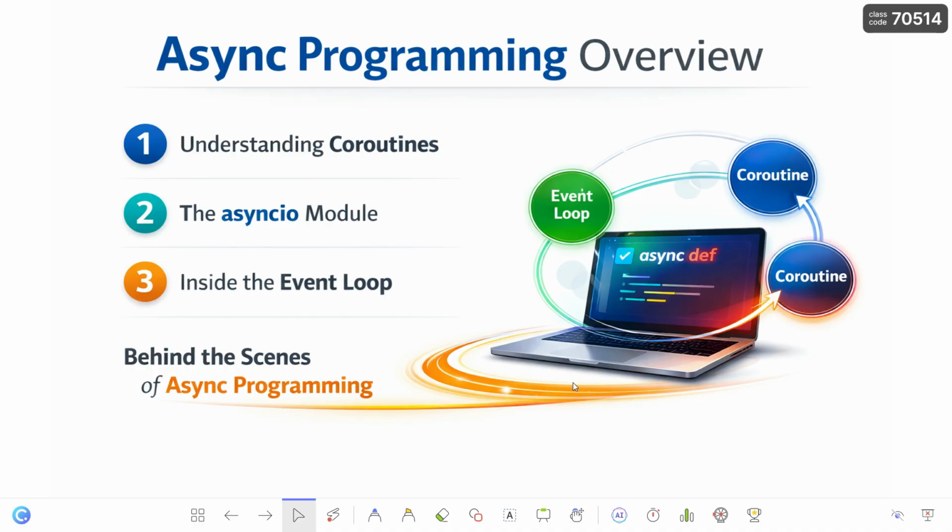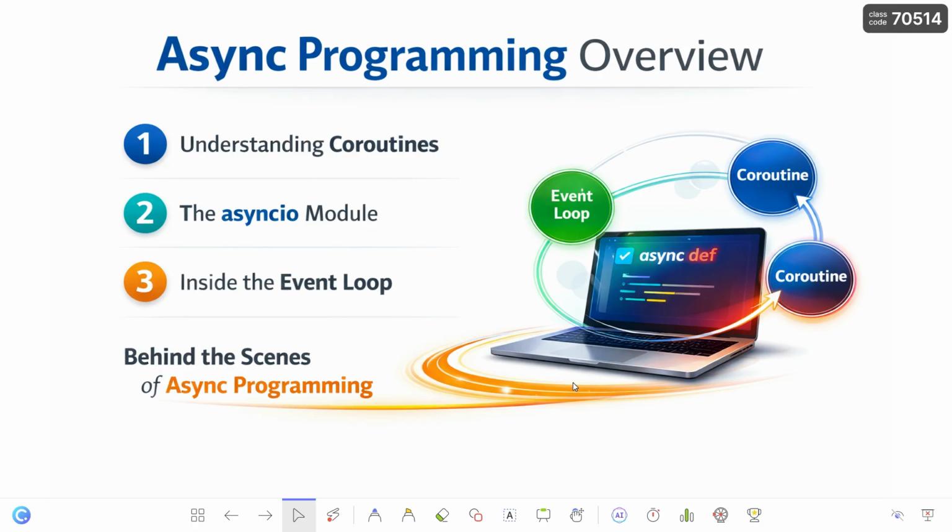So we will be focusing on these types of concepts rather than the syntax of coroutines. All these three terms are the same: coroutines, asynchronous programming and concurrent programming. These are the same concepts in programming languages.